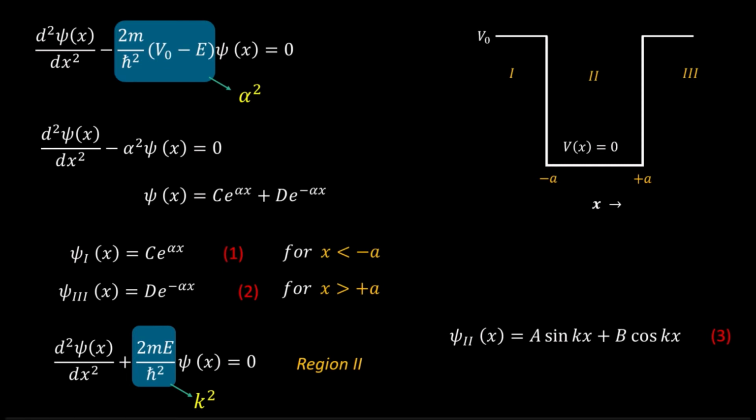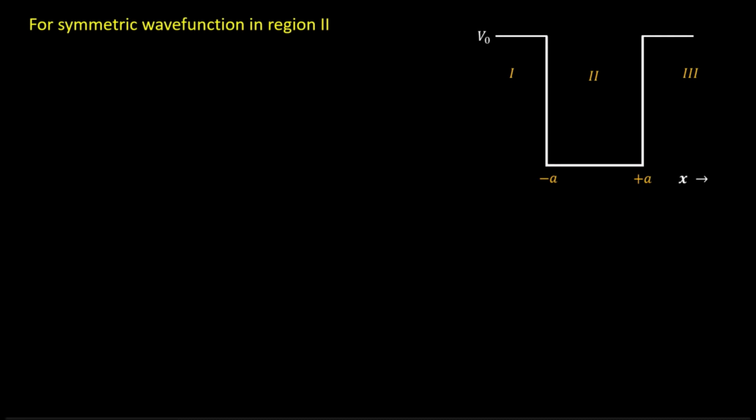We have seen in the previous class that the wave function in region 2 can be either symmetric or antisymmetric about the origin. Let's initially consider a symmetric wave function in region 2. That means the constant A equals 0 in the solution of psi 2.